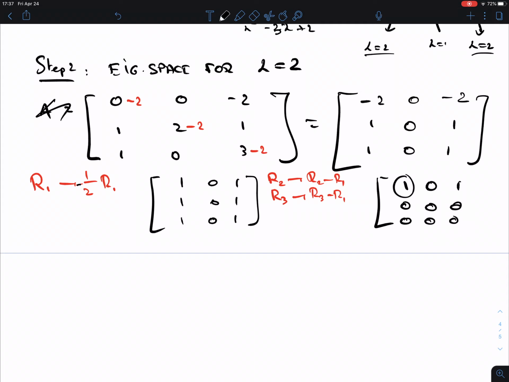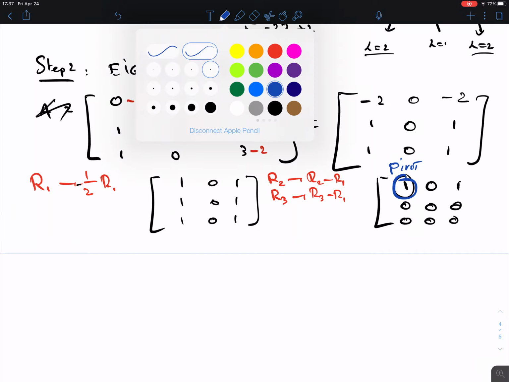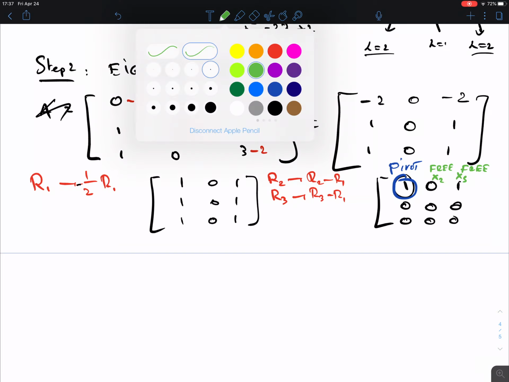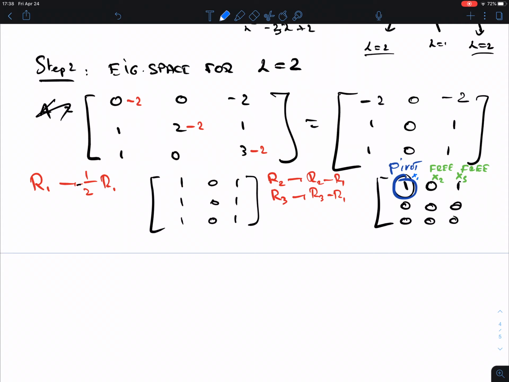Now, let's analyze this. This is important. We have only one pivot variable, so we have 2 free variables here. This is x2, and this is x3, and let's call this x1. There's only one equation here.